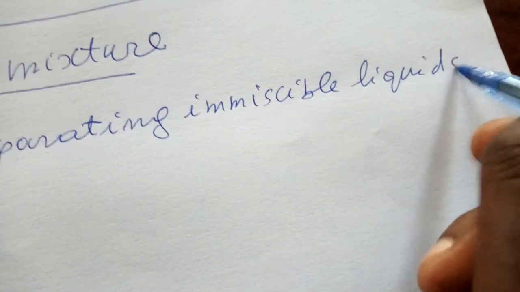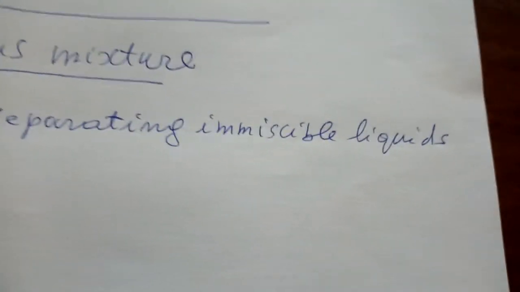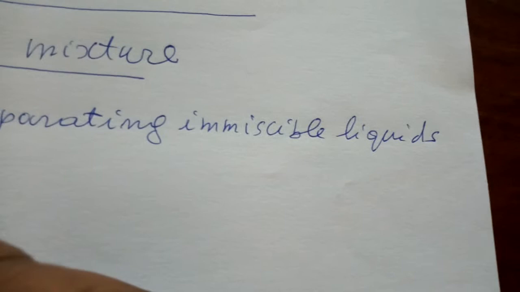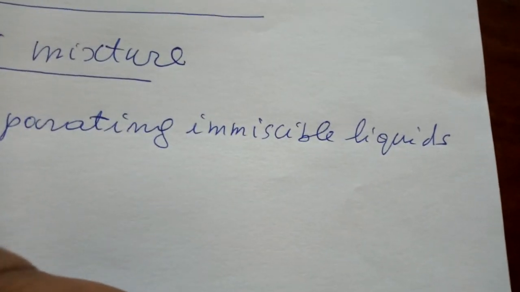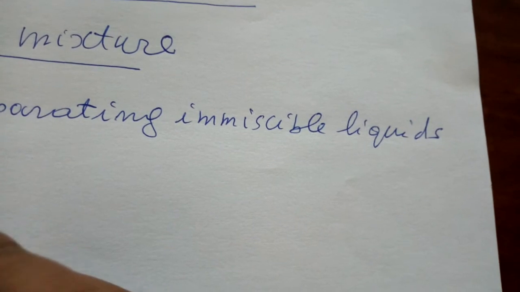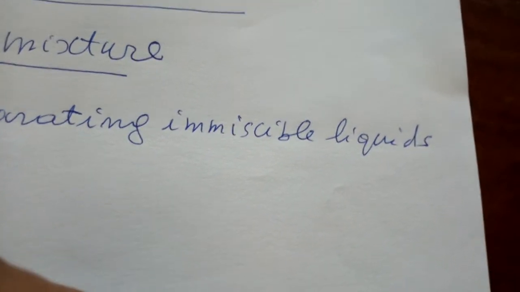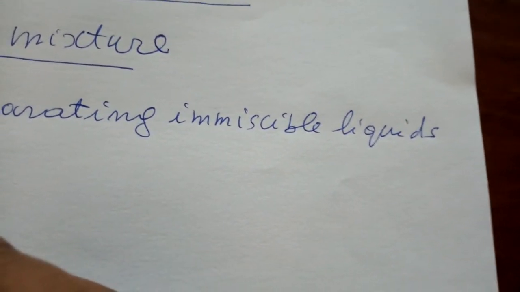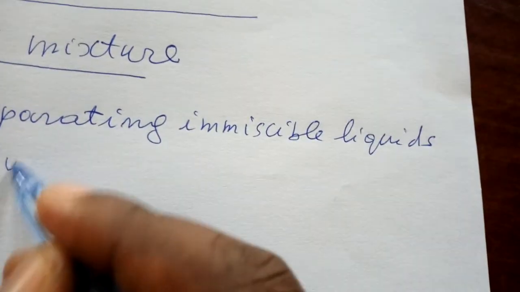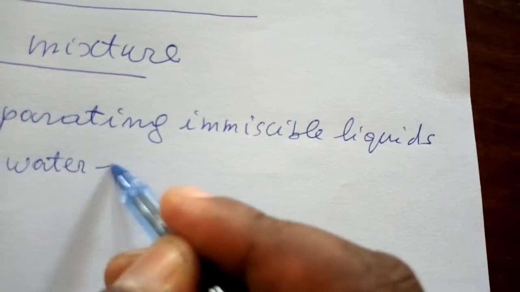When we say immiscible liquids, they are liquids which can be separated because they are not mixed. When you mix them, one forms a layer. For example, separating water and oil.